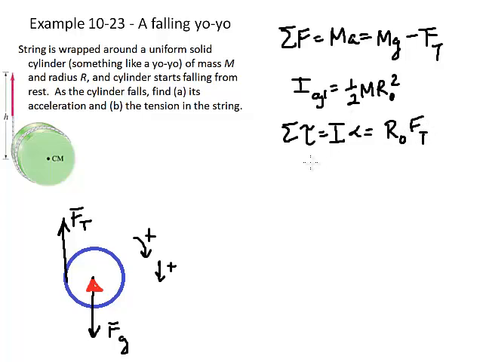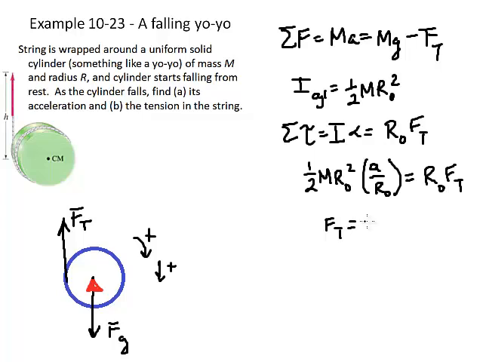Plugging in for the moment of inertia, we get 1/2 m r naught squared times alpha, which is a over r naught, equal to r naught Ft. When we simplify and get rid of all these r naughts, we get that the force of tension is equal to 1/2 ma.